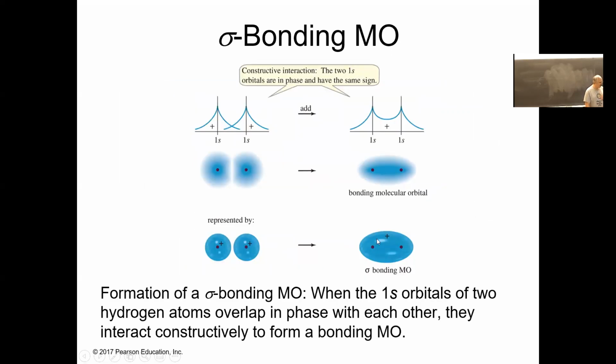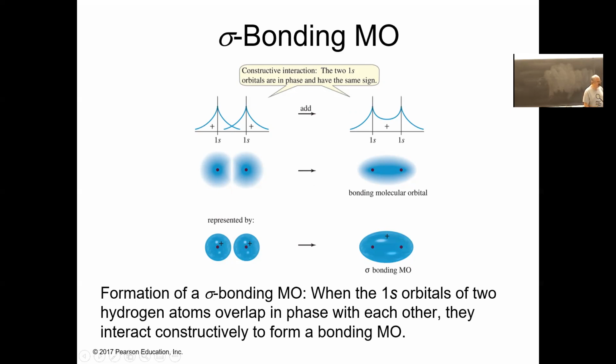Okay, so here we have the hydrogen molecule. And when 2 hydrogen atoms combine, their waves can interfere constructively to form a bonding molecular orbital, and that's lower in energy than the isolated 1s atomic orbitals. Okay, if it weren't lower in energy, the bond probably wouldn't form.